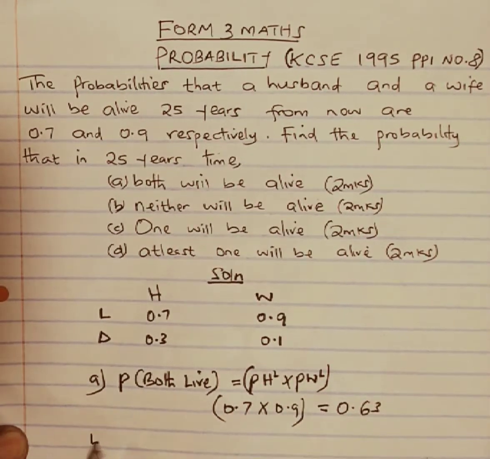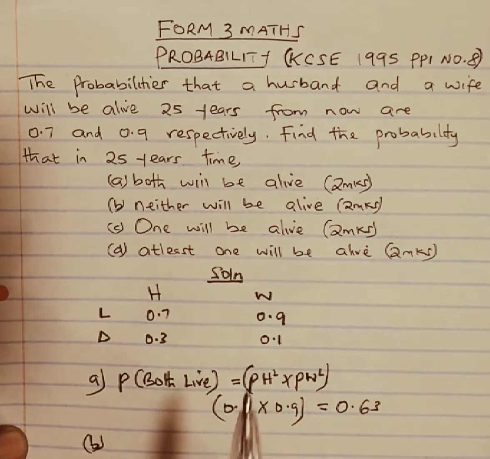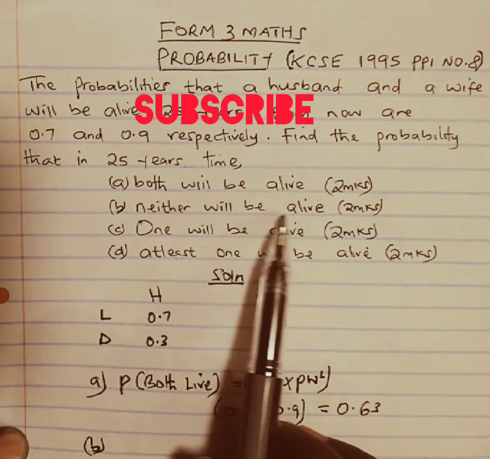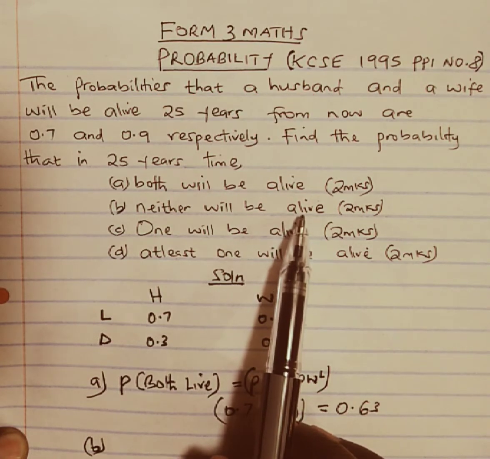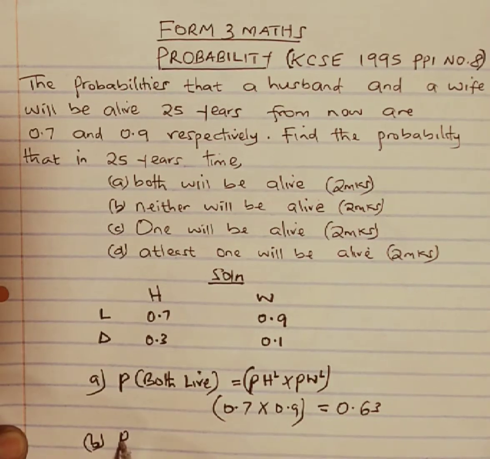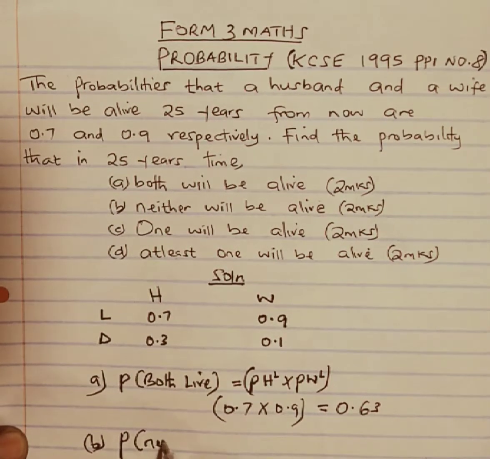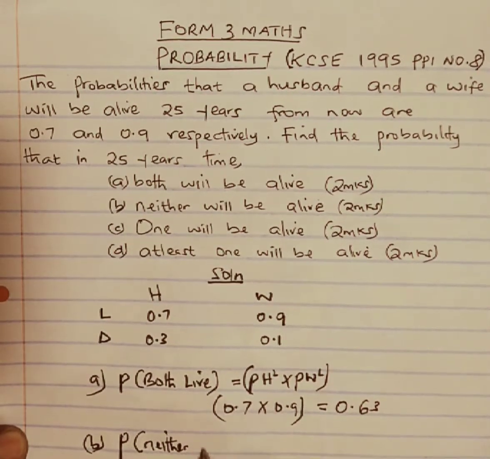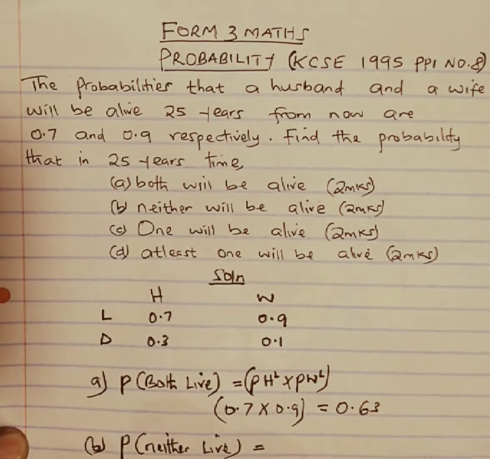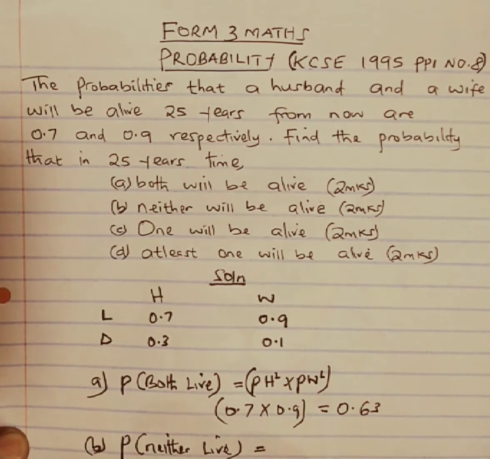We go to part B. We are supposed to calculate the probability that neither will be alive. It means both would have died in the next 25 years. So you say probability that neither will live. In this case, it means both of them will die.